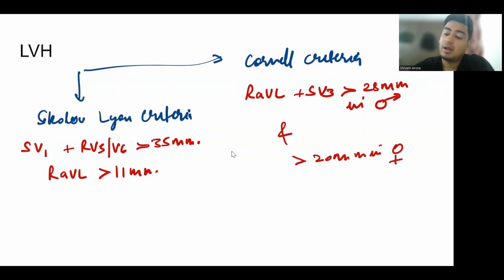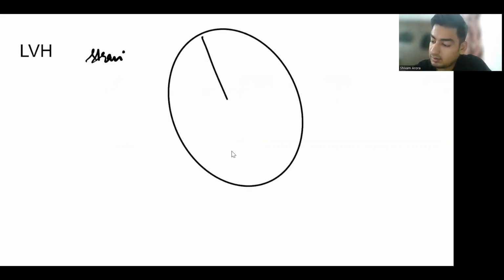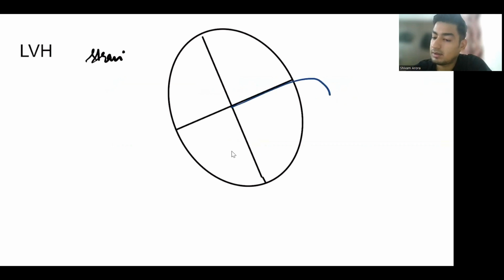Okay. We have also heard about RVH with strain or LVH with strain. So what is strain? So suppose LV hypertrophy is here.